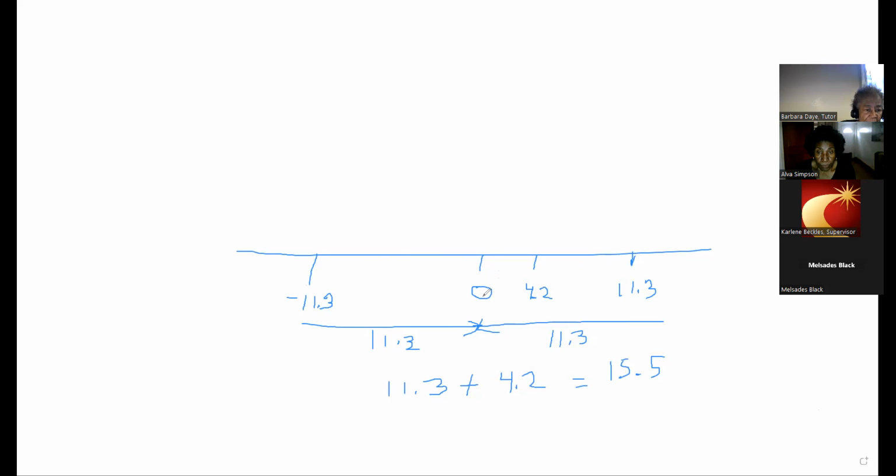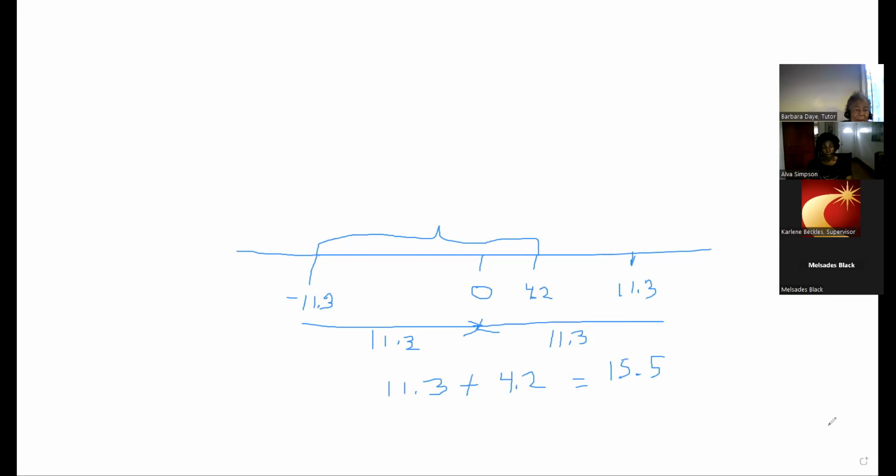You moved, right? And then to go from 0 to a positive, that's another 4.2. So the distance between these two is just 11.3 plus 4.2. So you just add those two together.